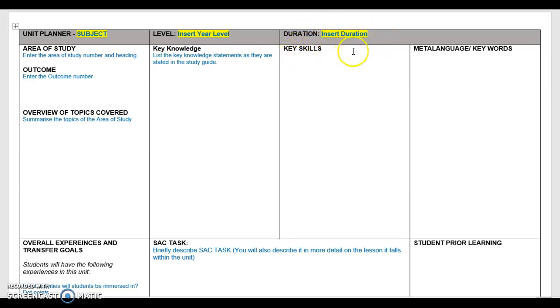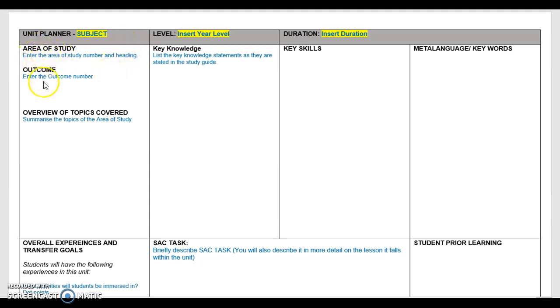For example, I know that there's a biology area of study that only goes for 2 weeks, so that one would only be 2 weeks. But your humanities outcome probably goes for the whole term, so we're looking at about 8 to 10 weeks. This will completely depend on your subject and the area of study that you've chosen.